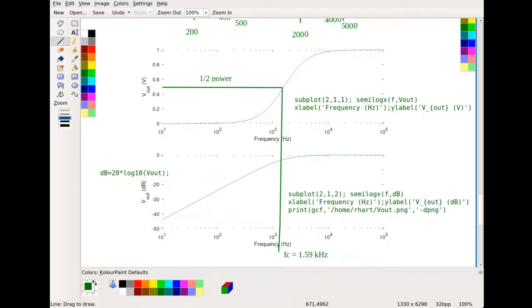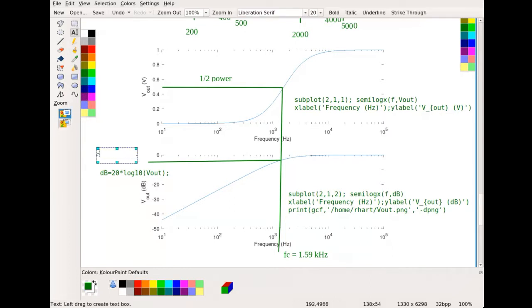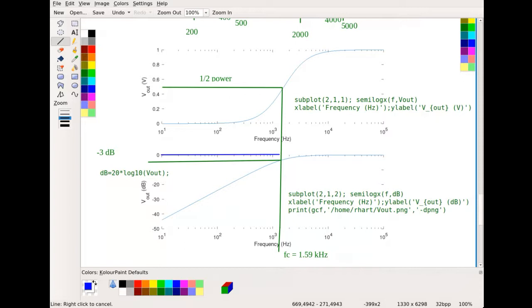Now this is kind of interesting. This is my half power mark, which is -3 decibels. So this is 0 dBs here. The blue line is 0 dBs, and this line here is the minus 3 dB line.